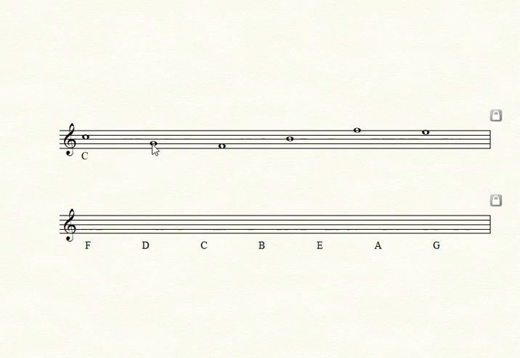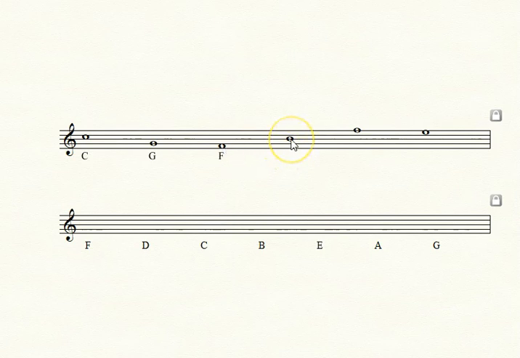And if you remember your sentence for our line notes in treble clef, we have every good boy does fine. So we have a G here. Next, we see a note on the first space. We can use FACE. Here we have an F.